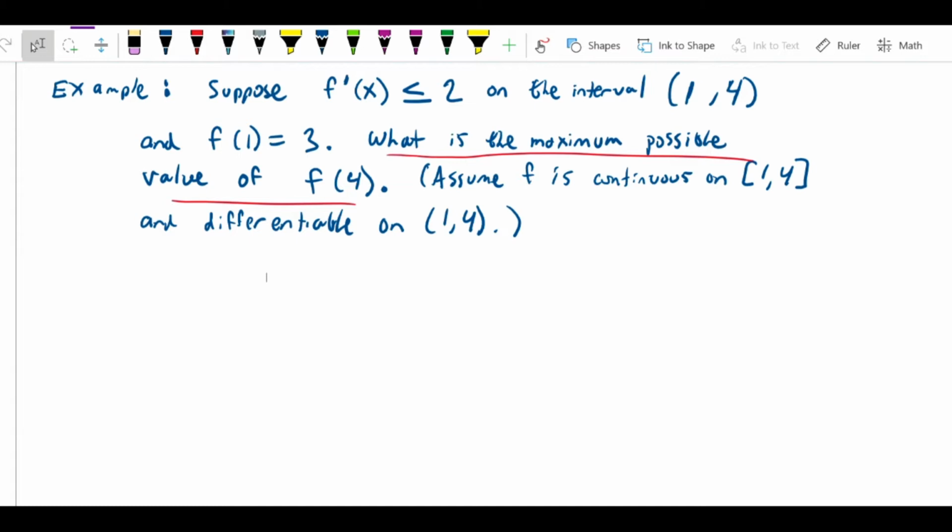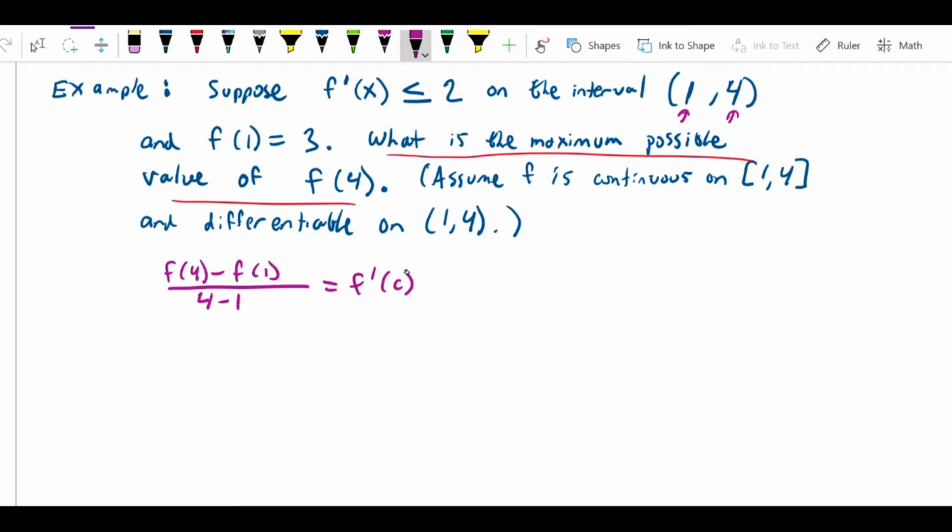Now, why is it that the mean value theorem would allow us to answer this? Well, I'll show you. According to the mean value theorem, taking this as a and this as b, we can say that f of 4 minus f of 1 over 4 minus 1 is equal to f prime of c for some c that exists in the interval (1, 4).